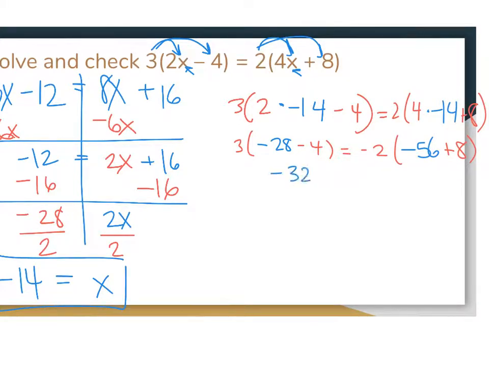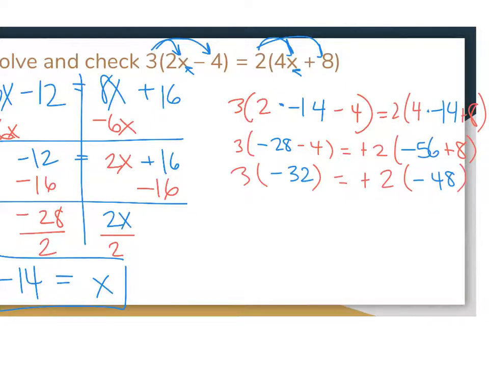negative 32 times 3, because I didn't do anything with that 3, times positive 2. I don't know where the negative came from. I apologize. And the negative 56 plus 8 is negative 48.